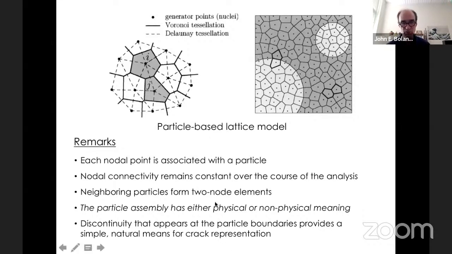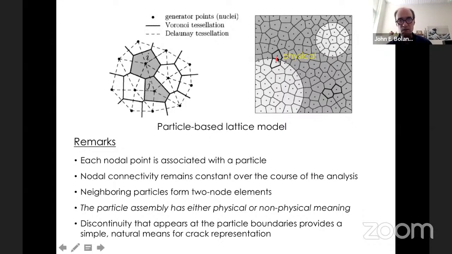And then here's something I'll try to talk about today, and that's that this discretization has either physical or non-physical meaning. And I'll come back to this thought again and again throughout the talk. Here's one example.